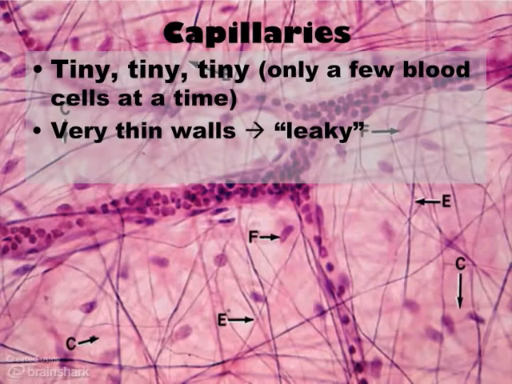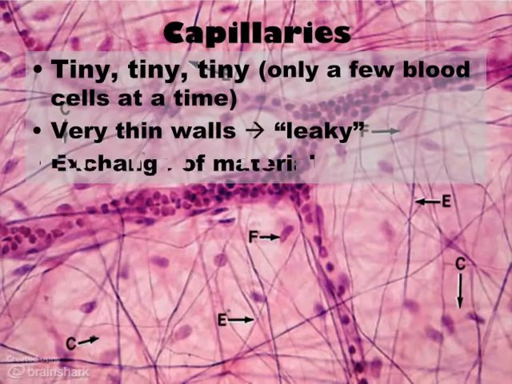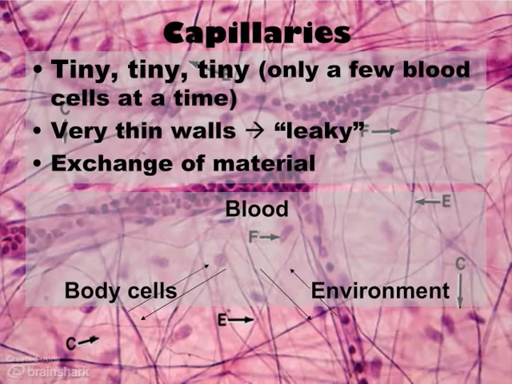This is why, as we were discussing before, they surround respiratory surfaces and the digestive surfaces, because those are places where materials are going to be exchanged between the blood and the environment. All of your tissues are going to be richly perfused with capillaries. That means there's going to be lots of capillaries going through them because these are also sites of exchange between the blood and body cells. And that's where the leakiness of the capillaries is really going to come into play.